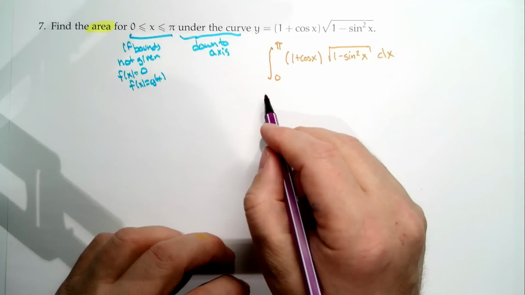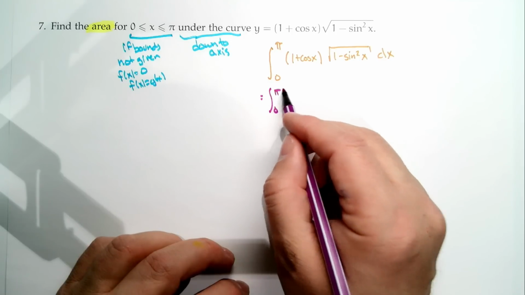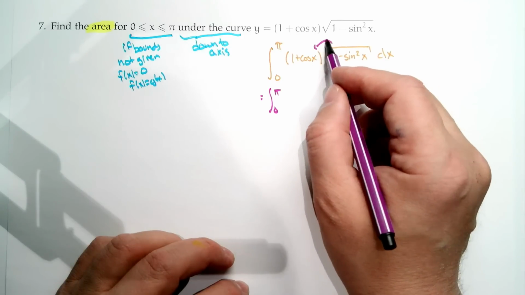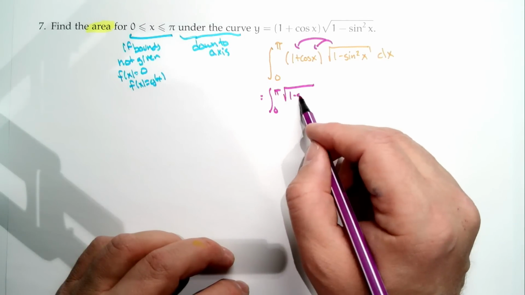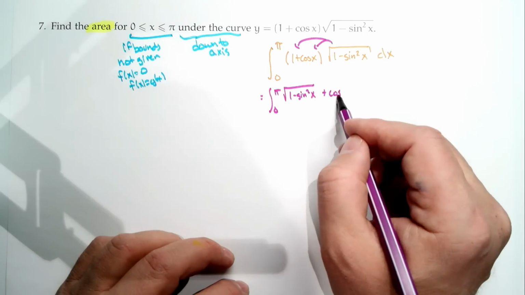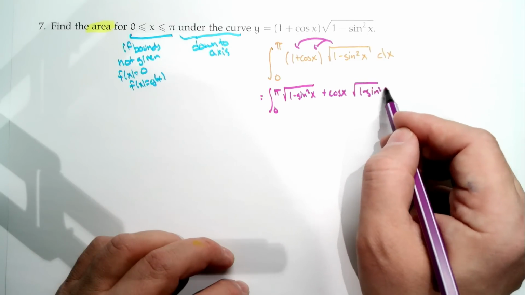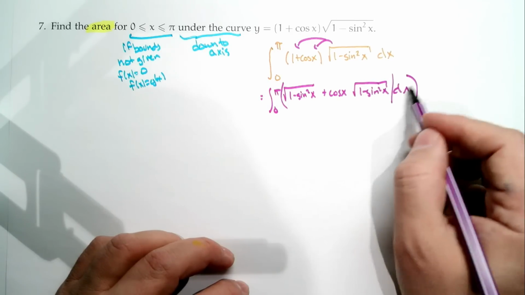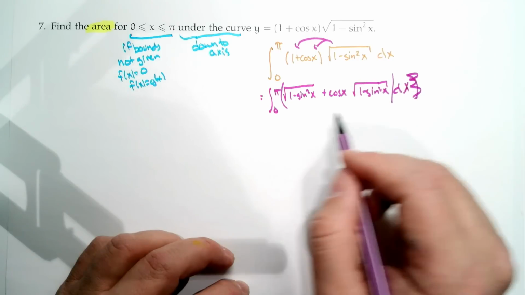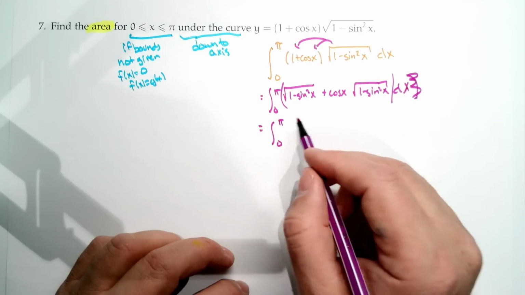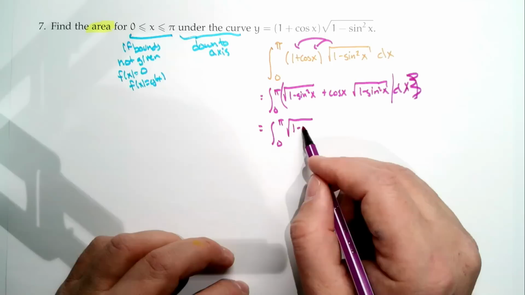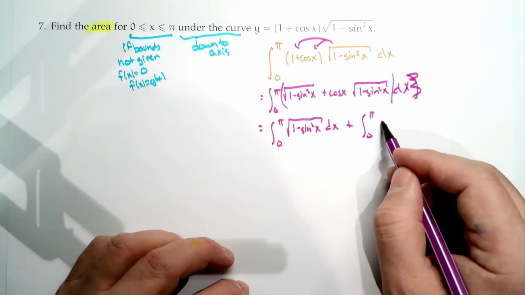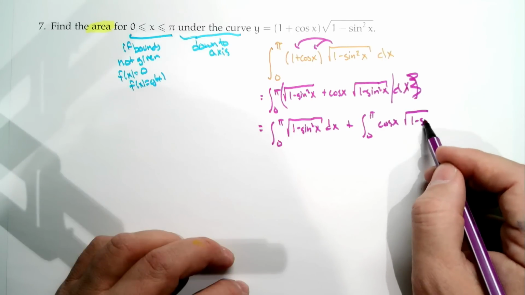So in particular, this is the integral from 0 to pi of, if I distribute this through, square root of 1 minus sine squared x plus cosine of x square root of 1 minus sine squared x dx. Which means I can think about this as two separate integrals. Integral from 0 to pi, square root of 1 minus sine squared of x, plus integral 0 to pi of cosine of x, square root of 1 minus sine squared of x.